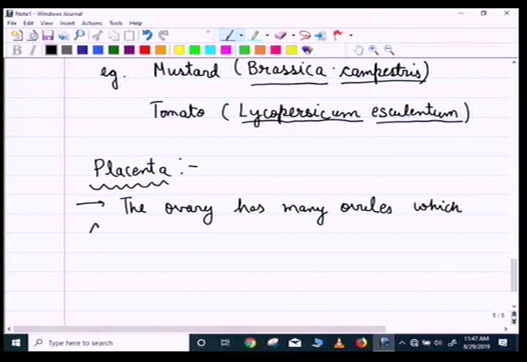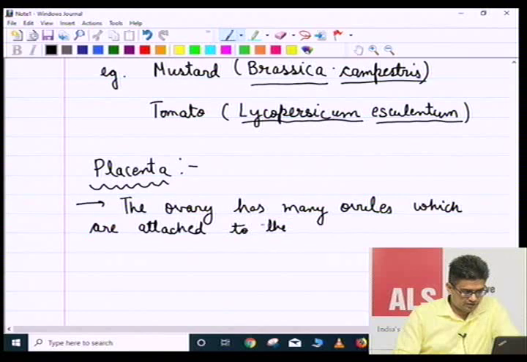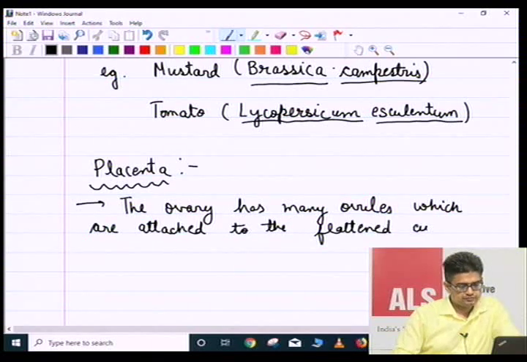Which are attached to the flattened cushion-like tissue called placenta.